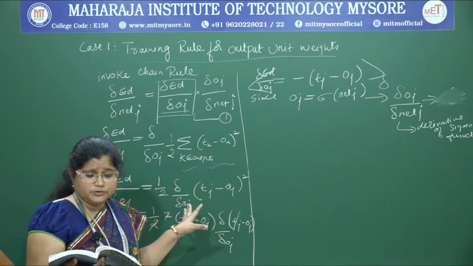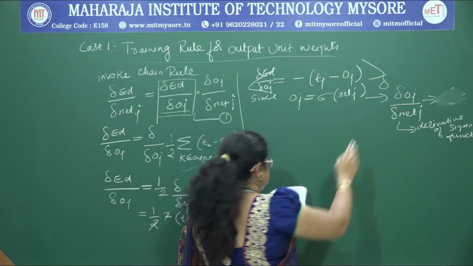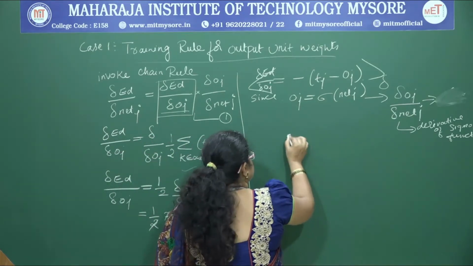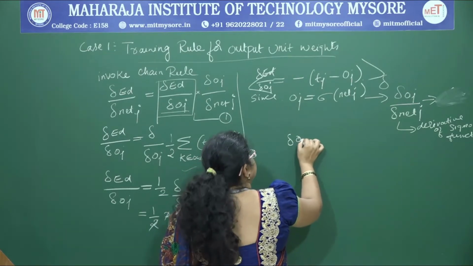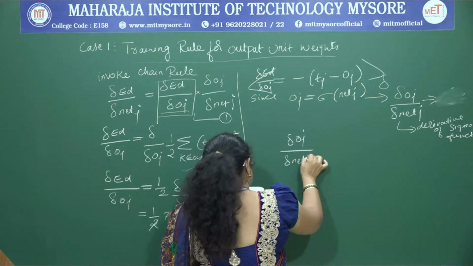Now let us look at this particular part, delta Oj by delta net j.